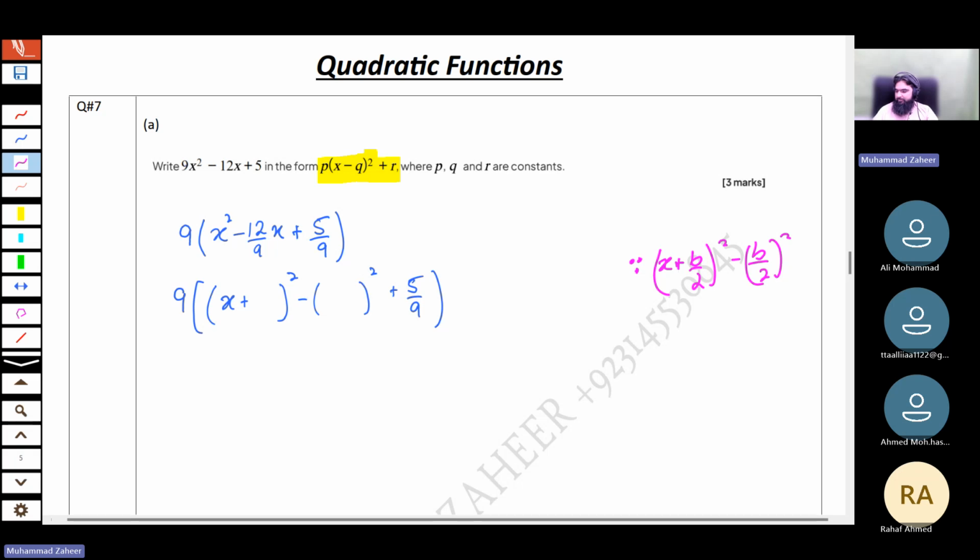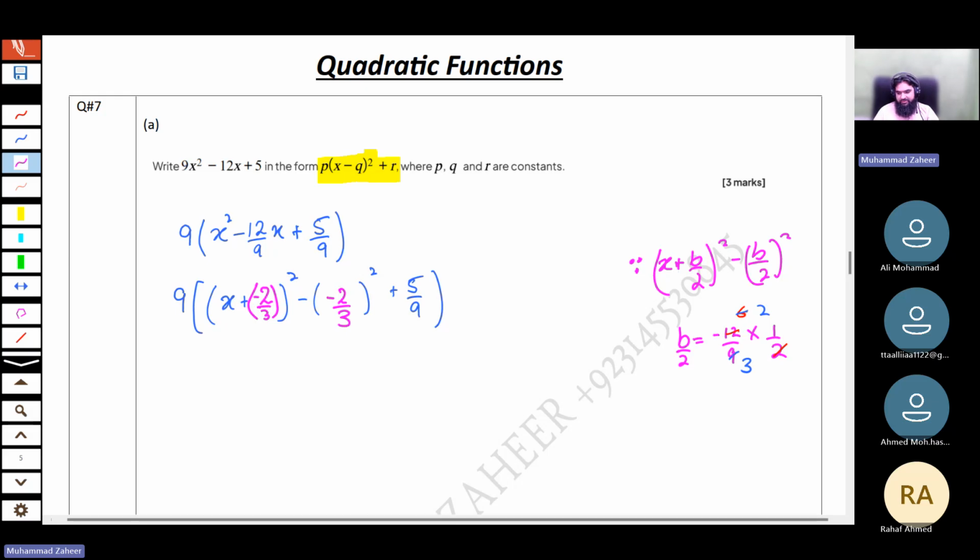To find the value of b, we need to take half of the b term. The b term is minus 12 over 9 into 1 over 2. There is some simplification here: 2 times 6 is 12, and 3 times 3 is 9, 3 times 2 is 6. So we get the final answer, minus 2 over 3.